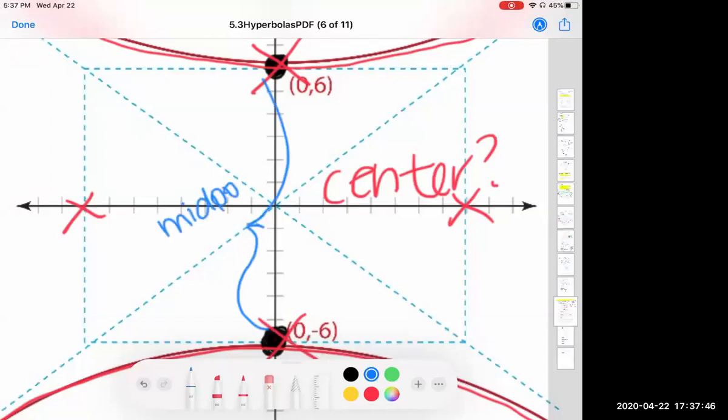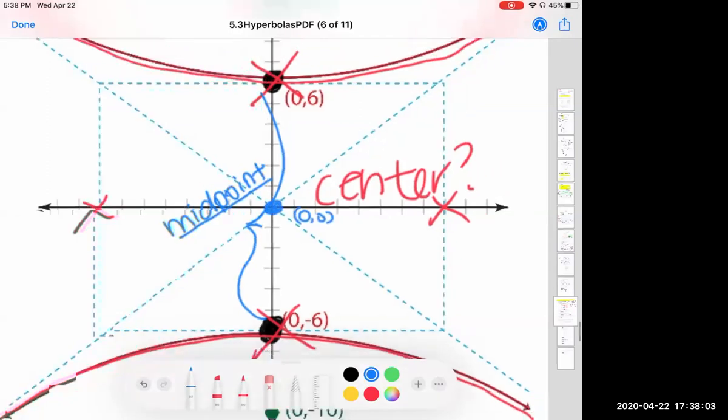We've done this before in this section. That would be a helpful tool to find that center. You can find the midpoint between 0, 6 and 0, -6. But for this one, what happens at 0, 0? And if you were to count it, this one would work out well.